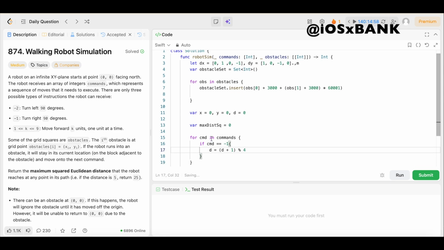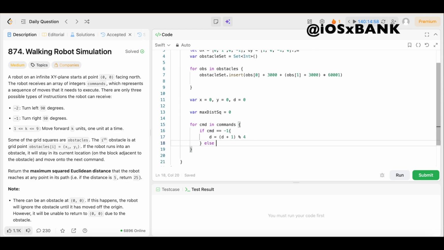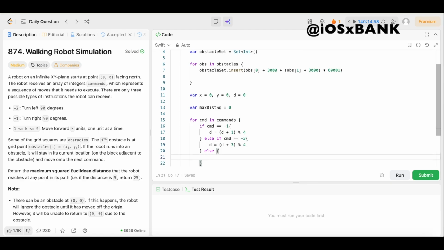Then we'll say else if CMD equals -2, we'll open up the brackets and we're going to turn left or counterclockwise. So we'll say D equals, open up the parentheses, D plus 3, come outside of that and we'll say mod 4. Boom. Then we'll say else, open up the brackets, and we're going to move forward.